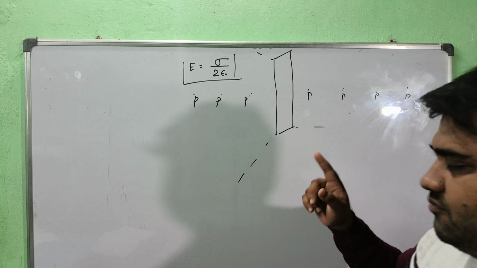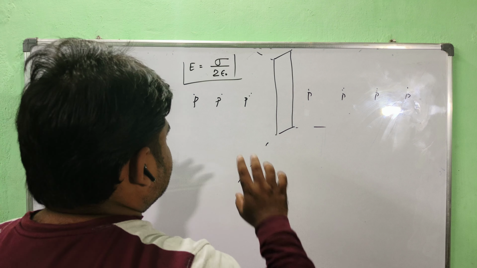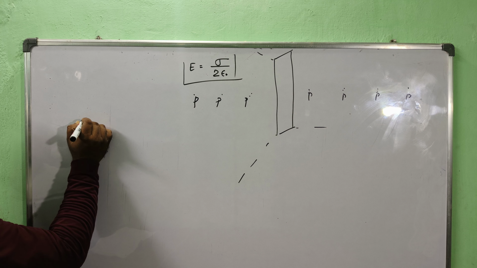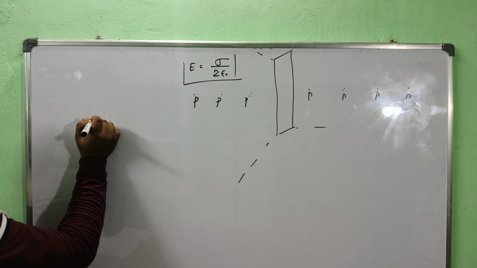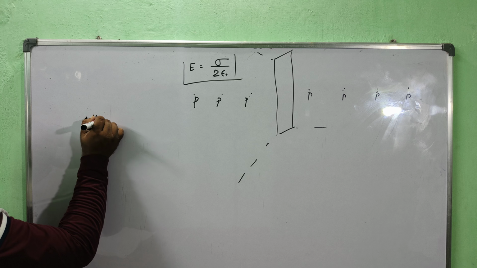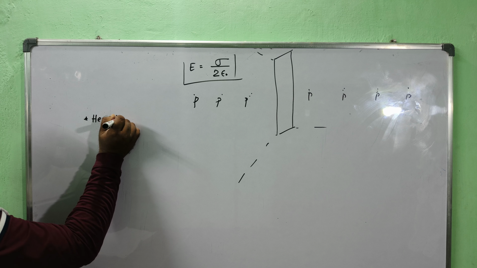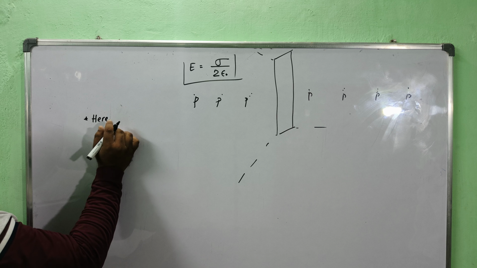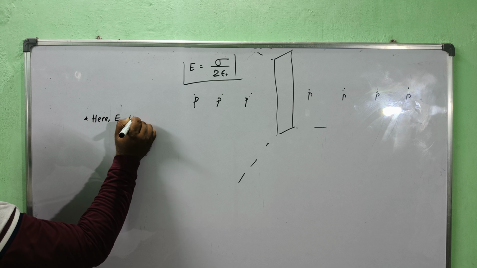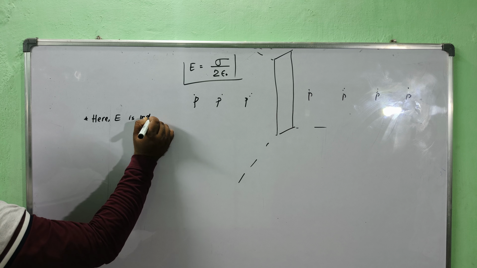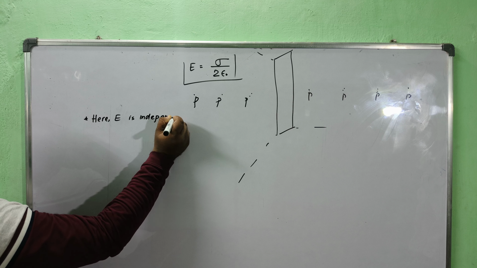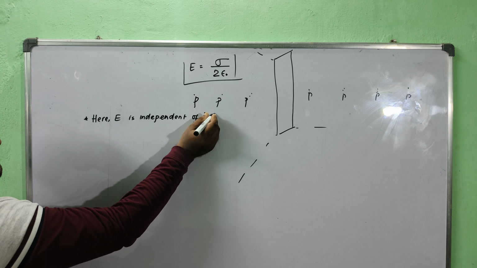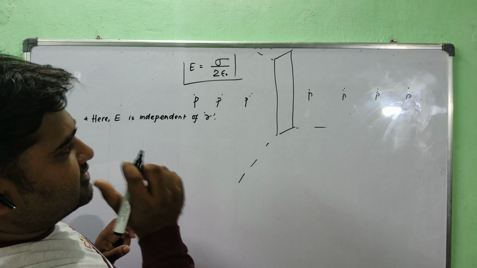You can see from here that it is independent of R. You can write that electric field E is independent of R. It doesn't depend upon the distance.